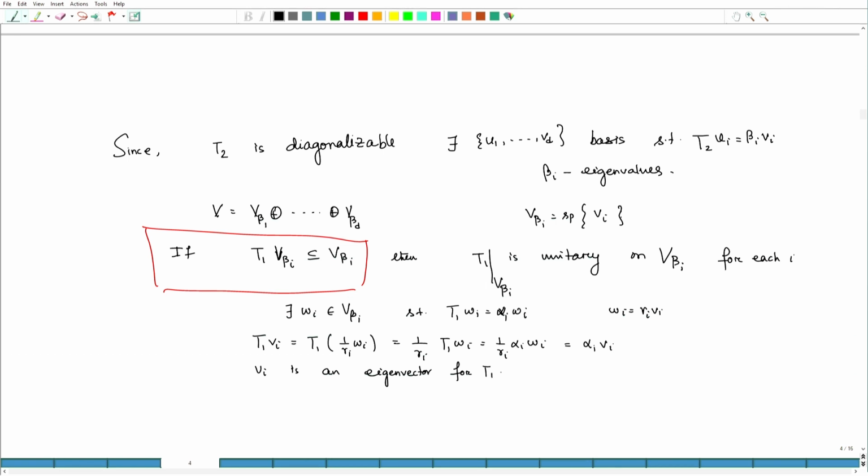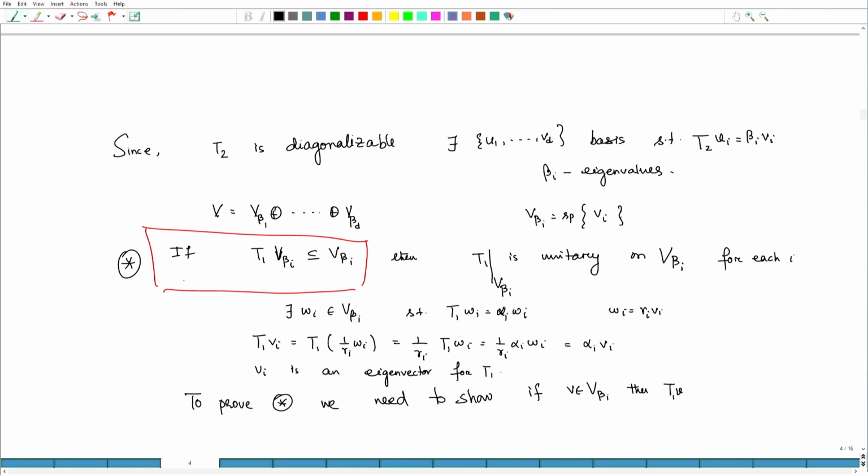Now, when does this condition hold? If I want to show that V beta i are invariant under T1, then to prove star I need to show that if V belongs to V beta i, then T1 of V also belongs to V beta i.